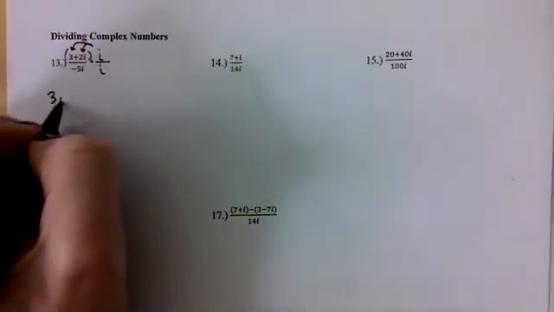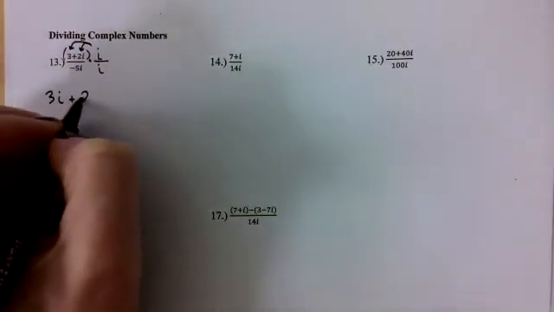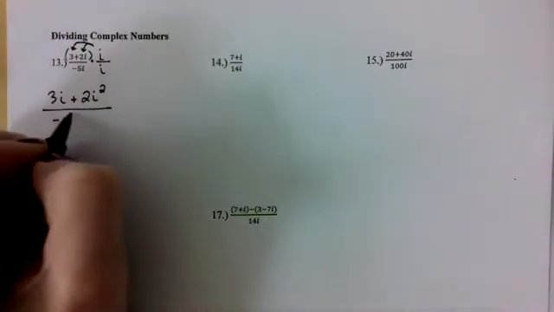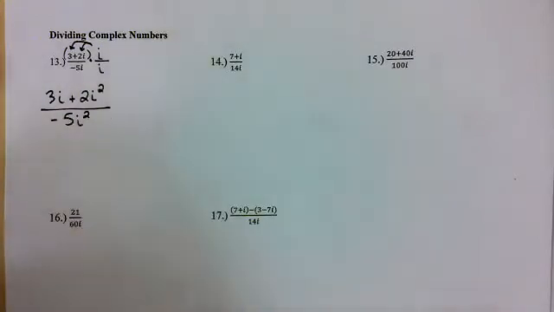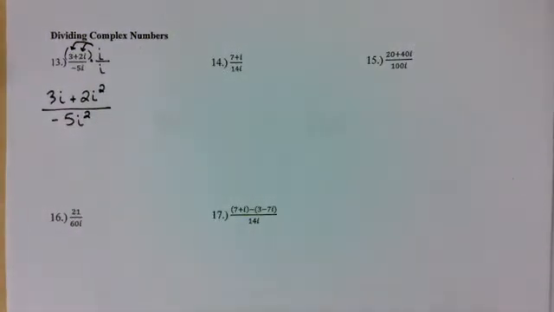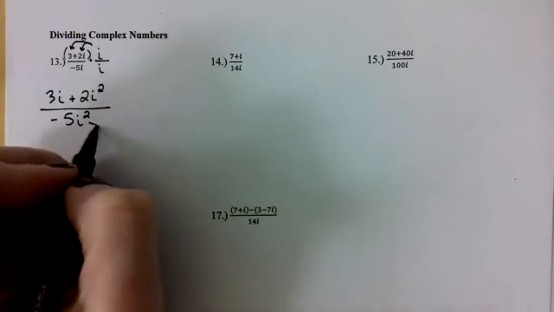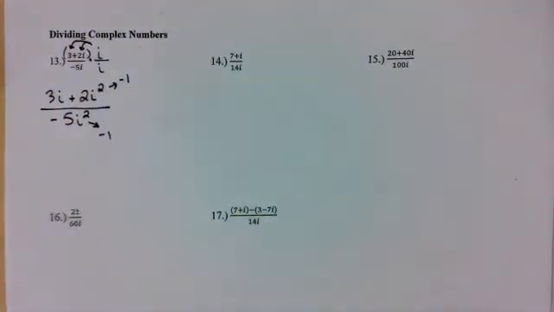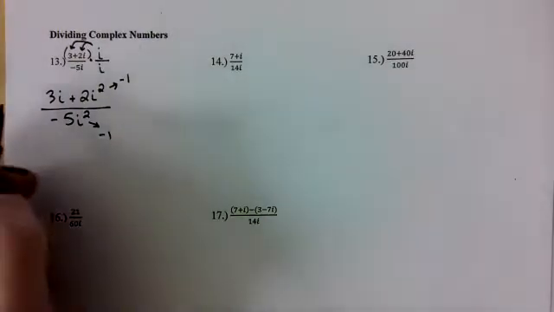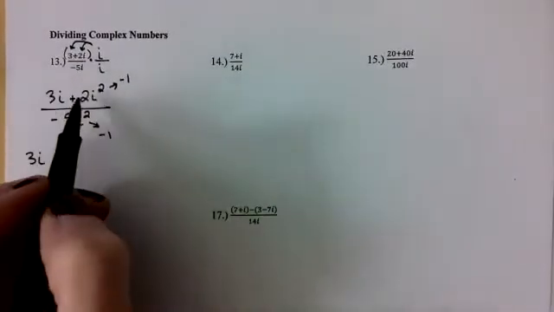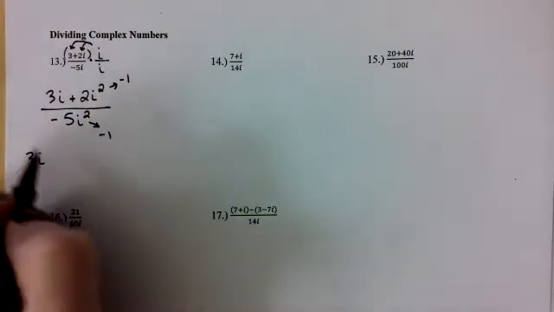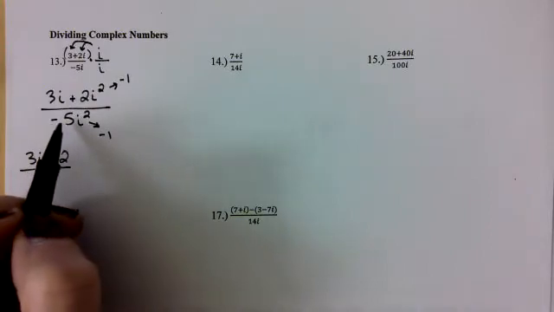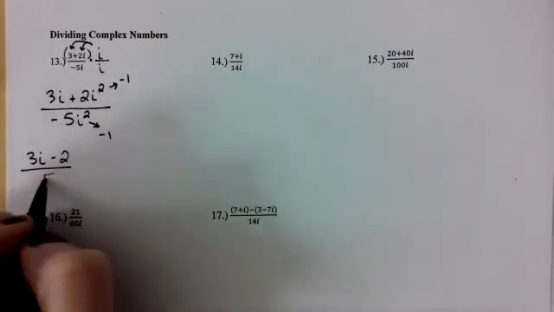This gives me 3i plus 2i squared over -5i squared. All of our i squareds turn into -1. So this is going to be -1. This is going to be -1. So rewriting this, I get 3i, and then 2 times -1 gives me -2 over -5 times -1 gives me a +5.